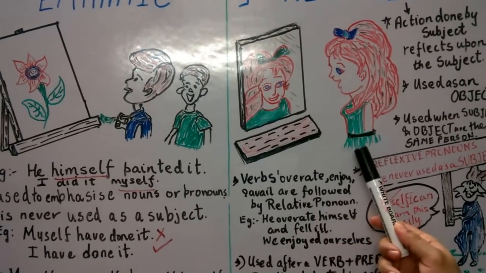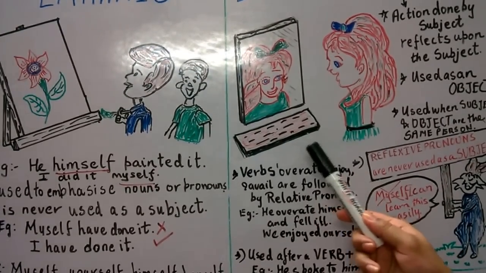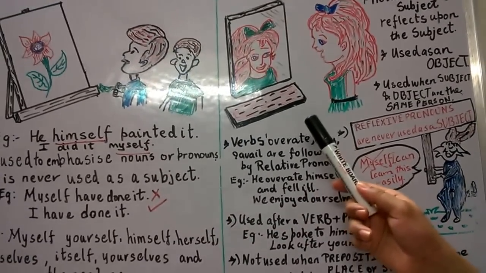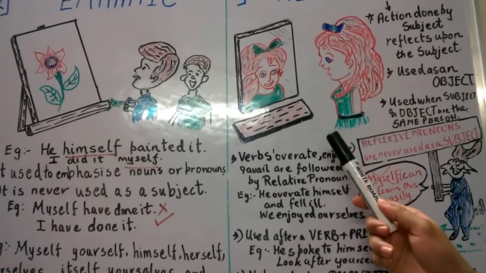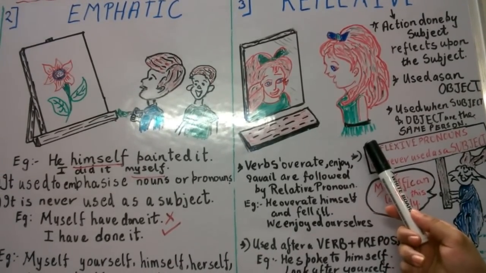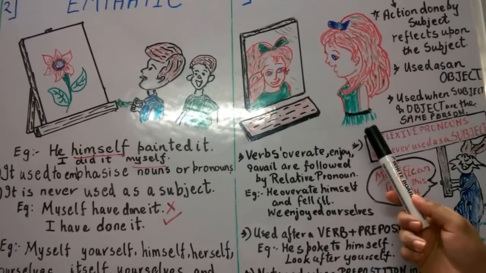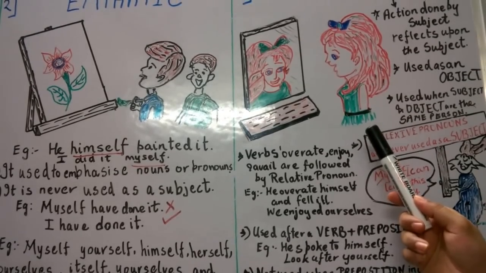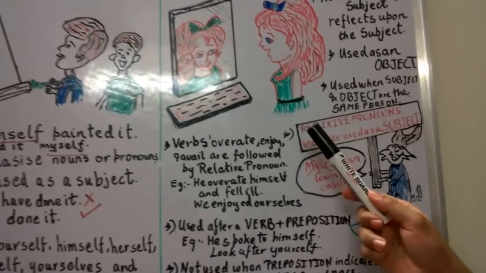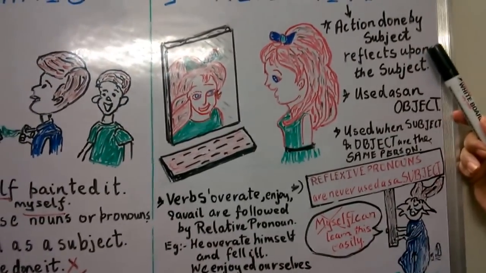Suppose I say she saw herself in the mirror, it will be reflexive. So whether we say she saw herself or she herself saw, the placement differs. I hope this is clear. Should we go ahead with the other pronouns? Now let me tell you about reflexive pronoun. Reflexive pronoun means the action is done by the subject.